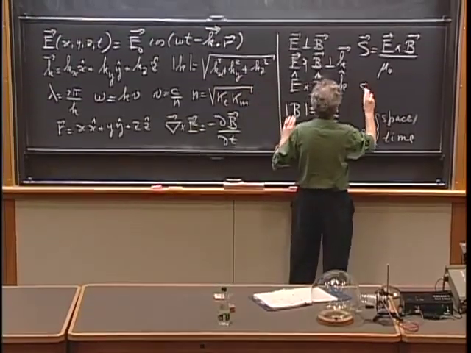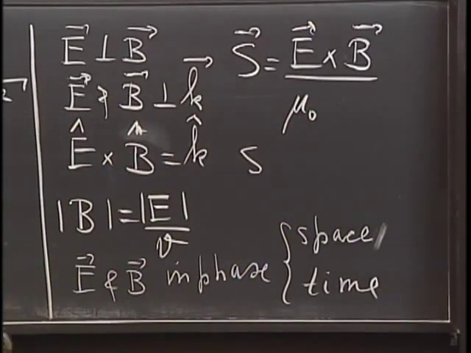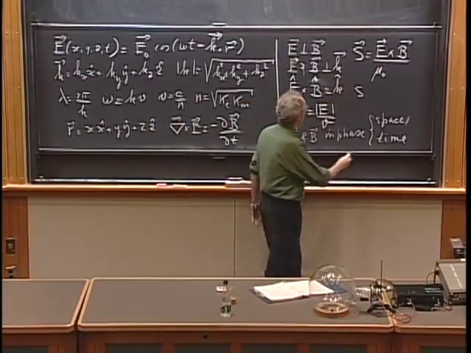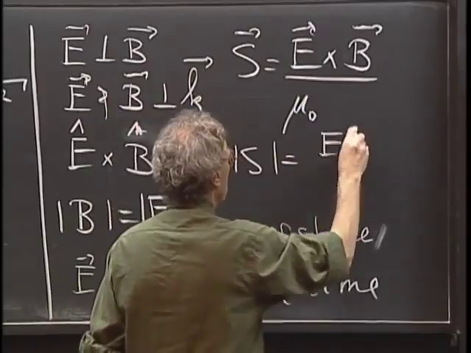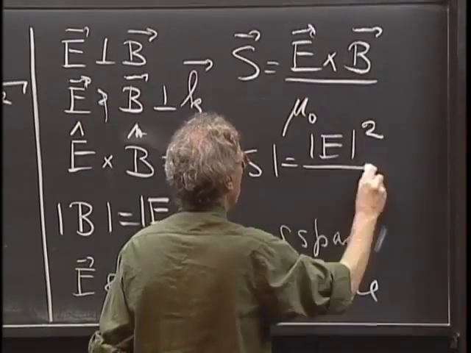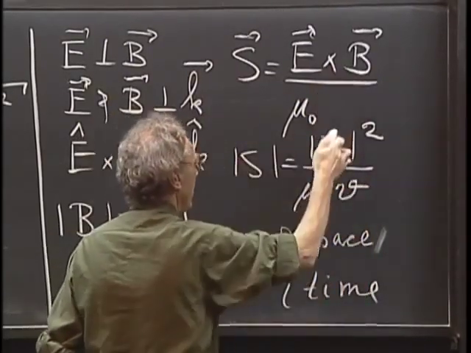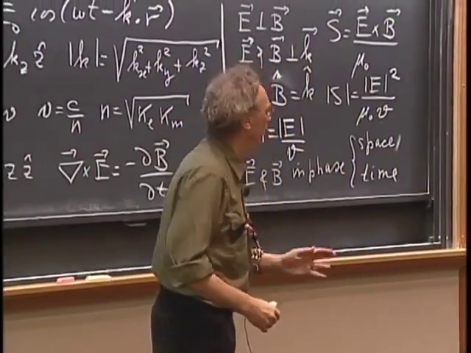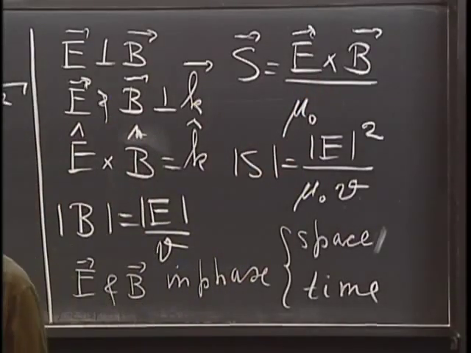This pointing vector, of course, is time variable because E itself varies with frequency omega, B varies with frequency omega. So the pointing vector is, of course, time dependent. And so the magnitude of the pointing vector you can also write down then as E squared divided by mu 0 times v, because the B can then be replaced by E divided by v. Since they're at 90 degrees relative to each other, I can ignore the cross because the sine of the angle is then 1.